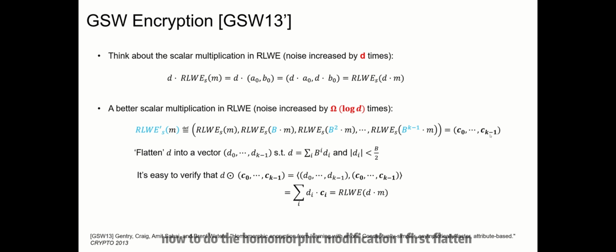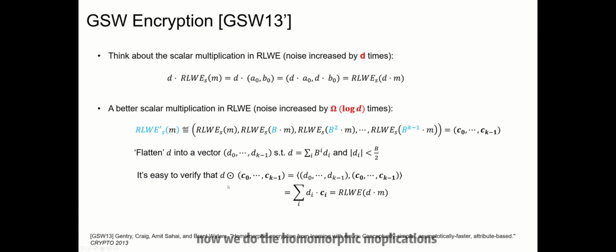Now, to do the homomorphic multiplication, I first flatten the polynomial D into a vector D0 up to Dk minus 1, where each element is a small value, not bigger than B over 2. And in some sense, D is radix B converted in this formula.